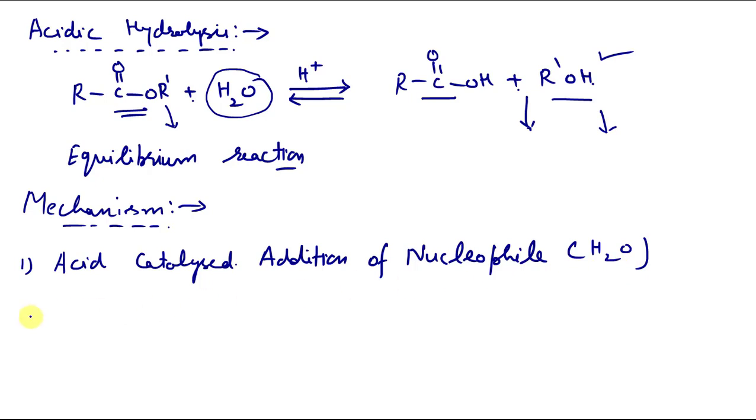So let us draw the ester molecule R C O O R dash. The first step is protonation, plus H positive. Here protonation will occur, and this protonation is a reversible step.